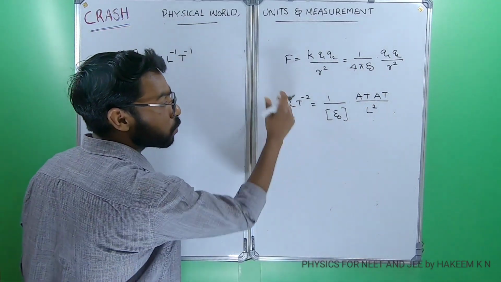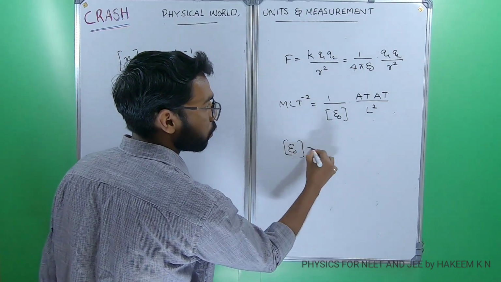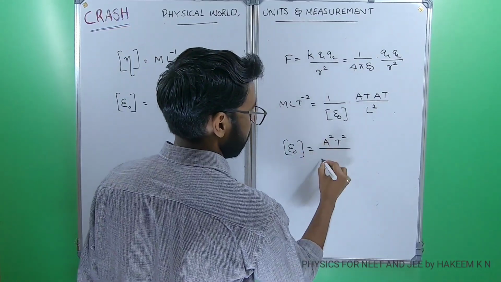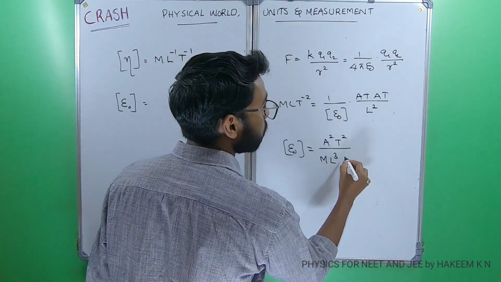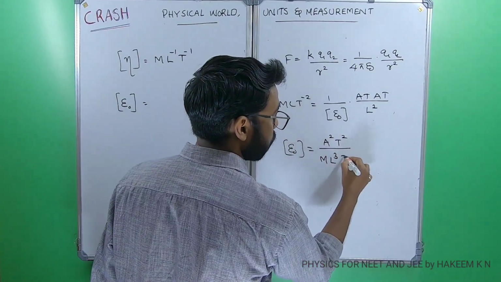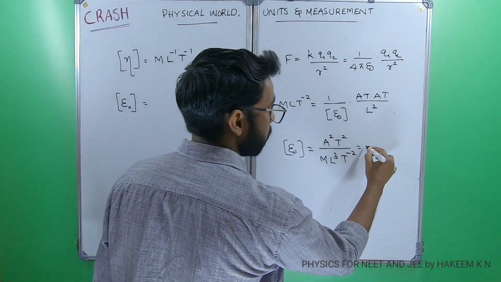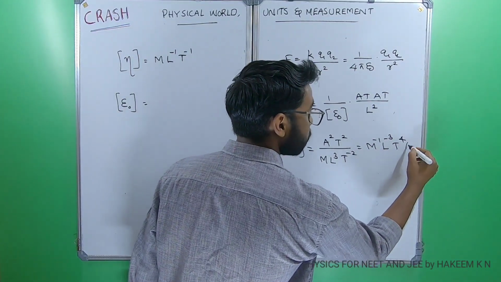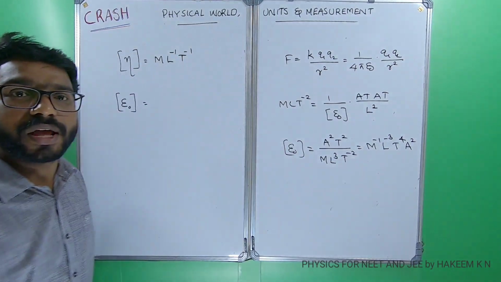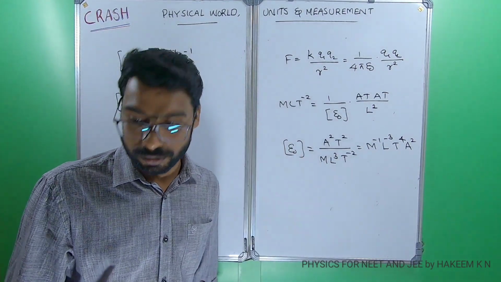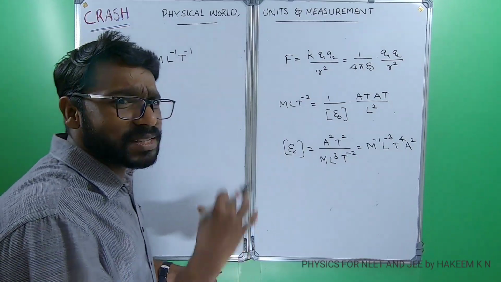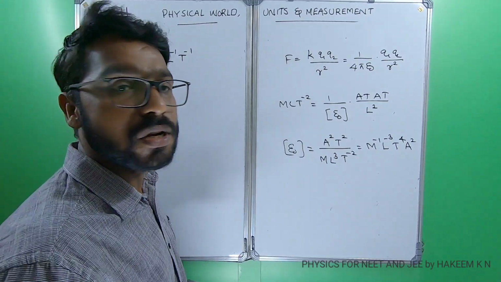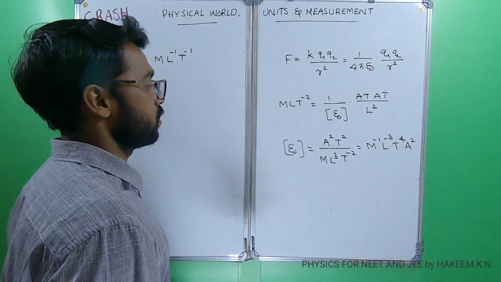So the dimension of epsilon naught equals A square T square divided by M L cube T power minus 2 in the denominator, so we get M power minus 1 L power minus 3 T power 4 A square. This is the dimensional formula of epsilon naught. So using the simplest equation of the quantity, we can easily find the dimensional formula of any physical quantity.